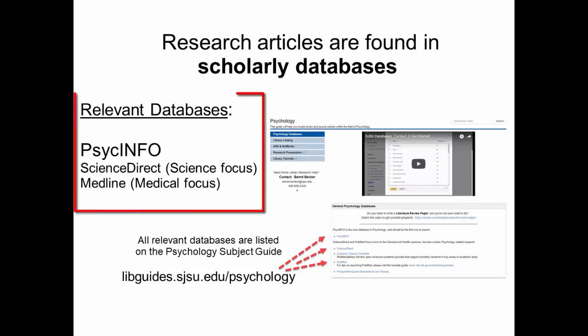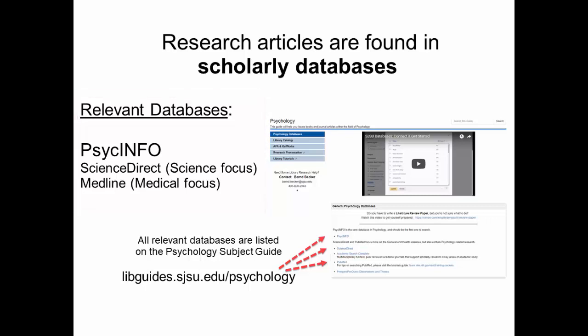There's a few more databases that keep track of psychology research, and it just depends on your topic as to whether or not you'll need to use those databases as well. For example, you might also end up searching the ScienceDirect database, which is a database focusing on science and medical research. There's also a Medline database, which has more of a medical science focus.